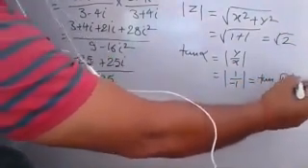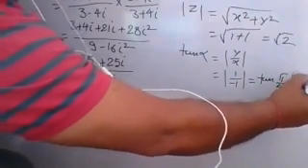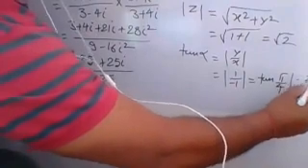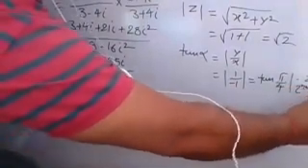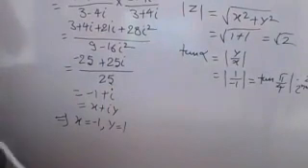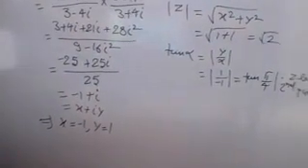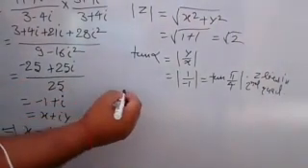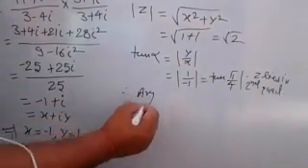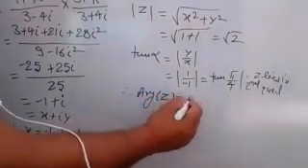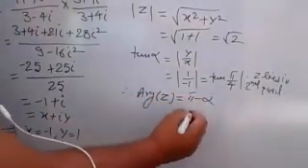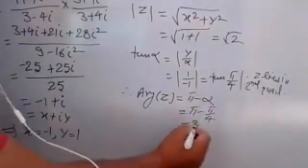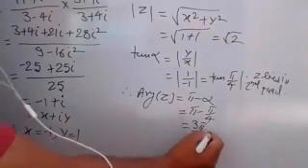But here, what is given? Since z lies in the second quadrant, mention it. Z lying in the second quadrant, so the argument of z is equal to pi minus alpha. Putting its value, pi minus pi by 4 is equal to 3 pi by 4.